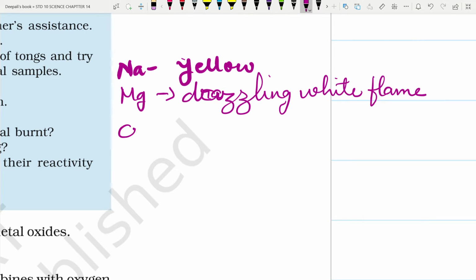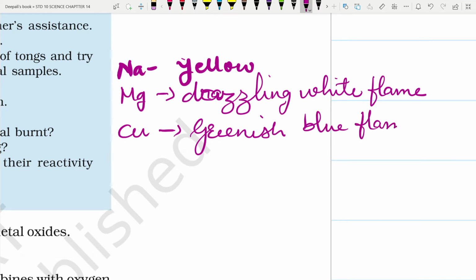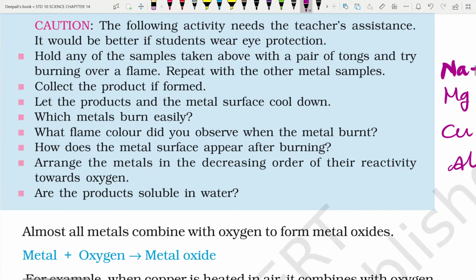Then Cu gives greenish blue flame, and aluminum gives white flame. So these are the colors of the flame which we obtain on burning.